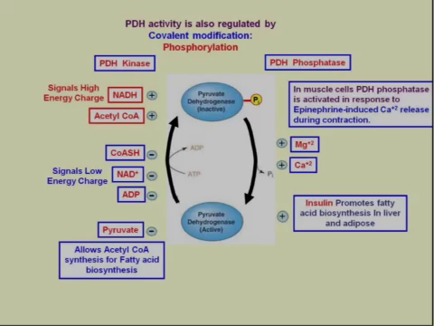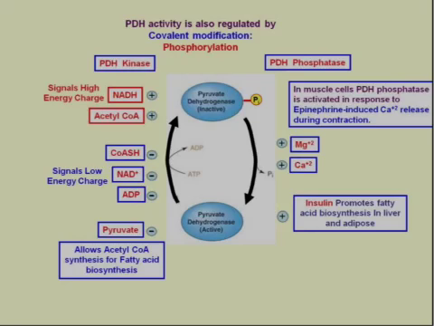And so this kind of summarizes everything I've just said. So you have a high energy state. It's going to activate pyruvate dehydrogenase kinase, which will turn this off. And then these low energy states will feed back to decrease pyruvate dehydrogenase kinase.